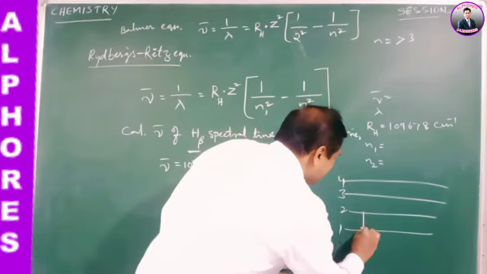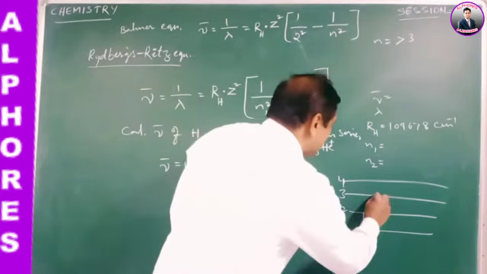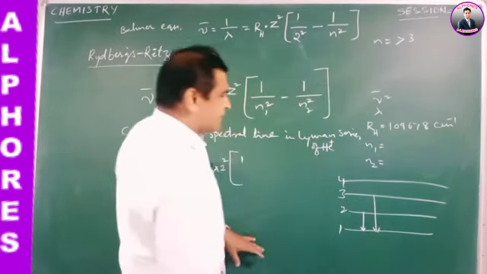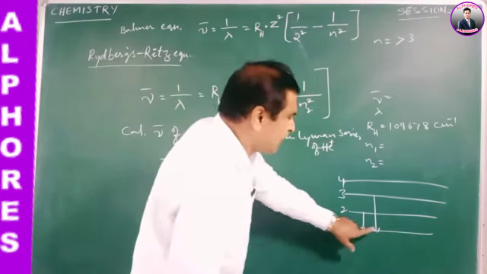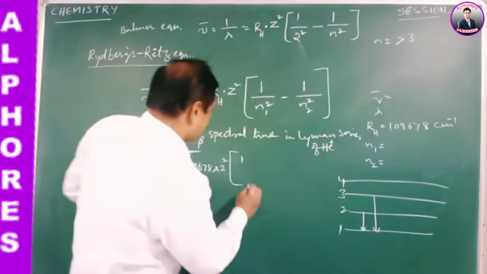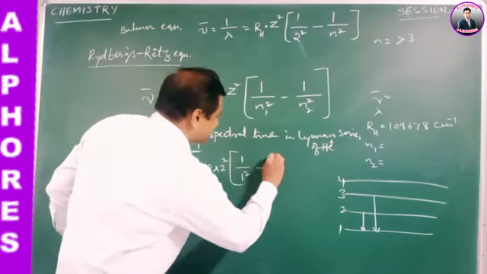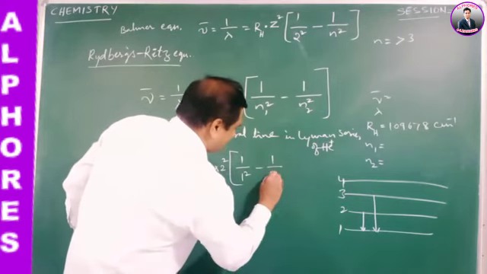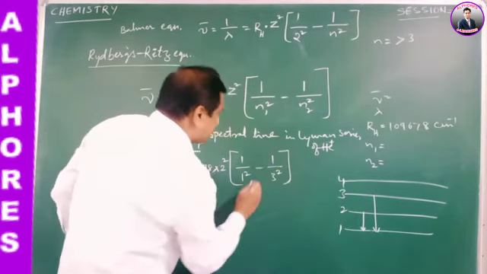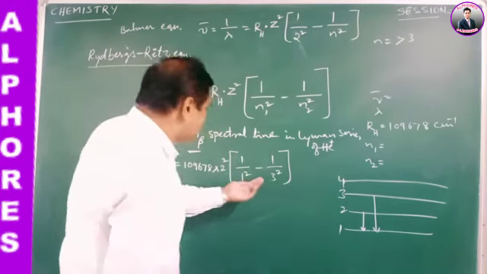The first line is H alpha, the second line is called H beta. That means n1 equals 1 and n2 equals 3, so 1 by 1 square minus 1 by 3 square. The electron is coming from the third energy level to the first energy level.